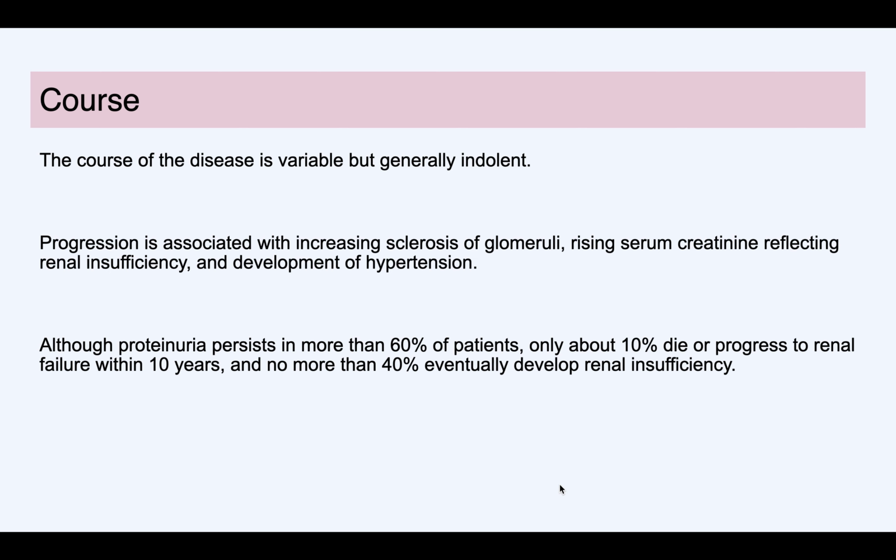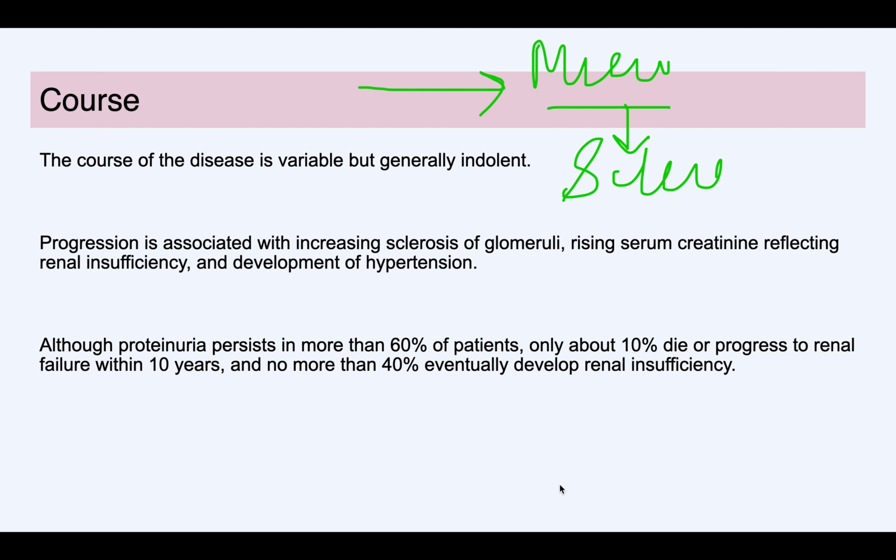Now the course of the disease is variable and generally indolent, but with the disease progression, on microscopy also, what you will see is increased sclerosis of the glomeruli. So you can see features such as mesangial sclerosis, such as glomerular sclerosis, but this is on the later side.